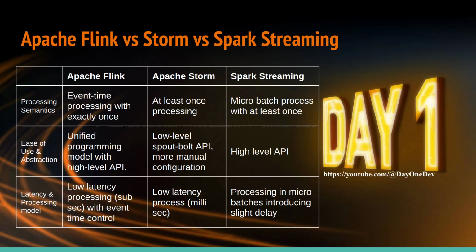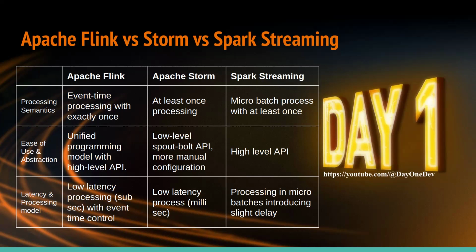Storm uses, as we said, low-level spout and bolt APIs, but it requires some manual effort for configuration and management. It's also flexible, but it has a much steeper learning curve compared to high-level abstractions like Flink or Spark.